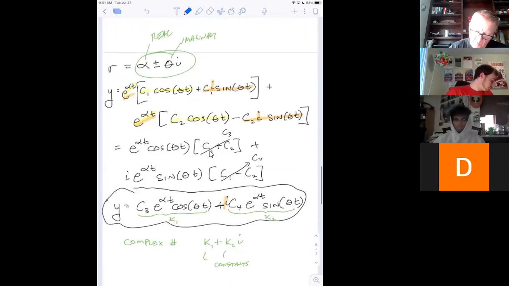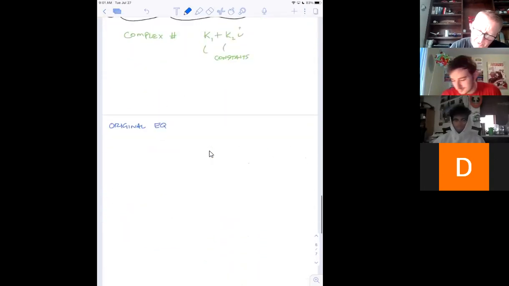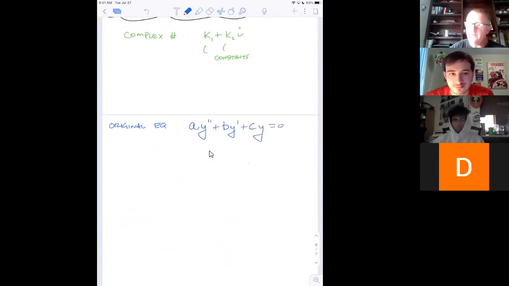But let's do this a little bit more generally and say, what if your original equation was not 1y double prime minus 4y prime, but what if I just said it's a, b, and c? Isn't this what our original equations always look like for some a's, b's, and c's? A, B, and C are in the set of constants. Those are just constants.